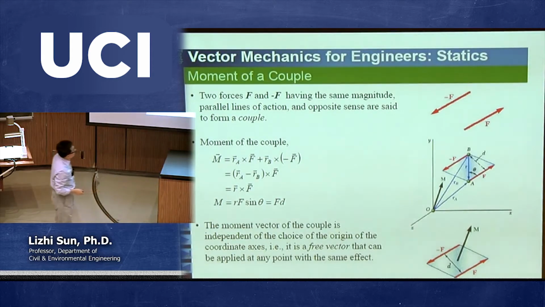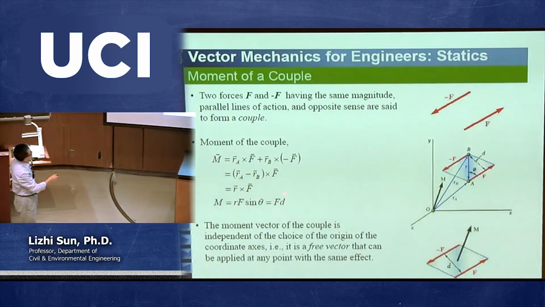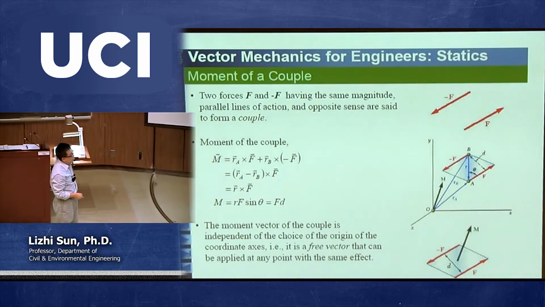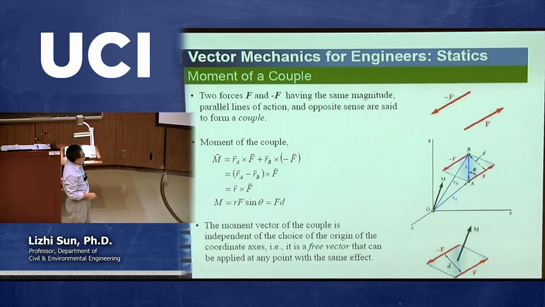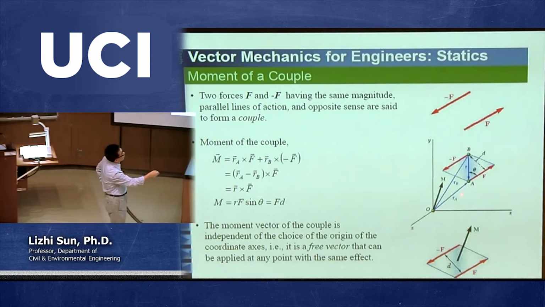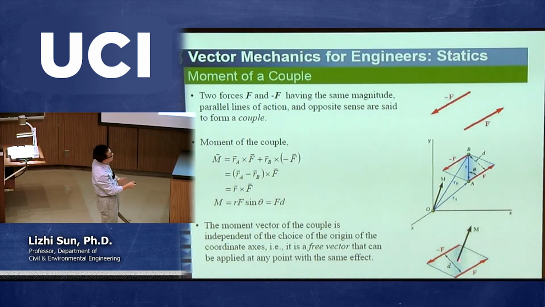Okay? If you say, well, if this is a magnitude, how am I going to determine the direction for a two-dimensional problem? That's also easy, because when you say R cross F, that's the right-hand rule. So basically, the moment is always perpendicular to this couple plane and follows the right-hand rule.